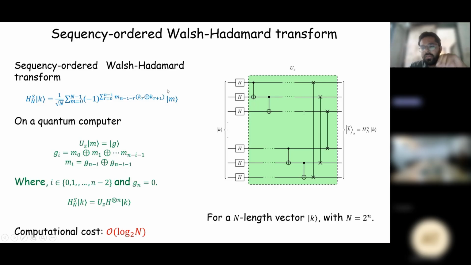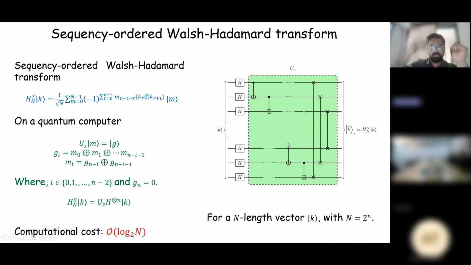So obviously we require some C0 gates to perform this reordering. And again, there is some swapping, because earlier it was m dot k, which is just bitwise multiplication, but here I am going backwards. So obviously we require some swap gates.